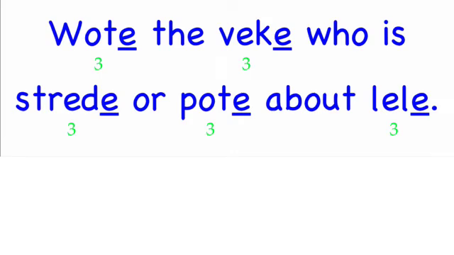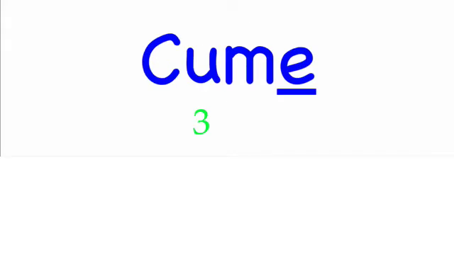The first sound is K. The second and third sounds are U. And the fourth sound is M. Cume. Remember, the first long sound of the letter U consists of two sounds, the Y sound and the OO sound, U.